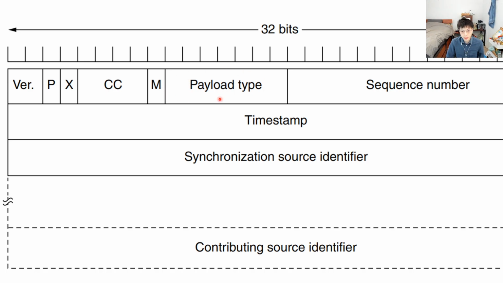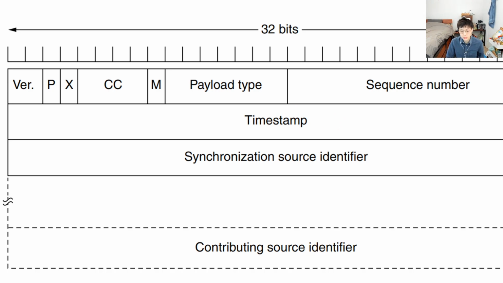The payload type is the encoding algorithm, letting the receiver know what algorithm is being used within this payload. The sequence number is the number of packets that have been sent throughout the RTP stream.